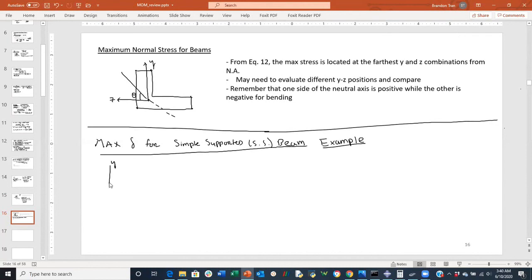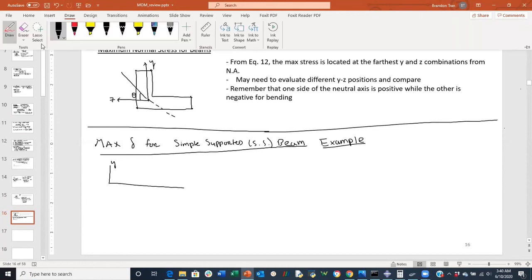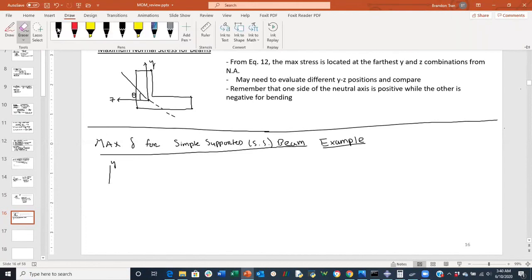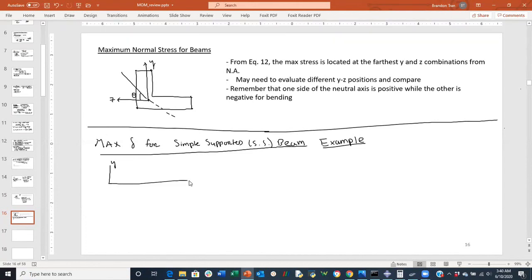So here's our y. Here's our line. Oh, I do not draw this well at all. Give me 1 second. Okay, so it doesn't really look too clean, but you basically get the gist of it. Here is our beam.